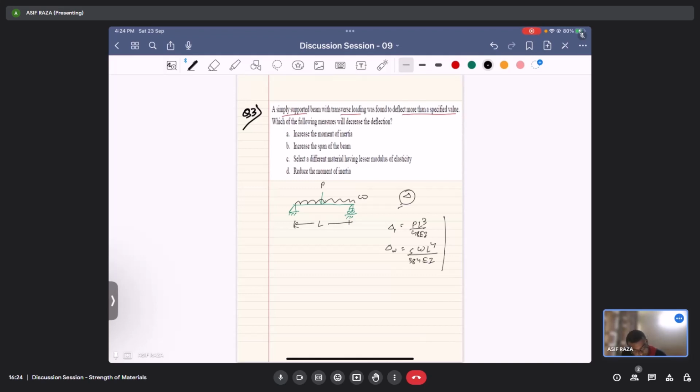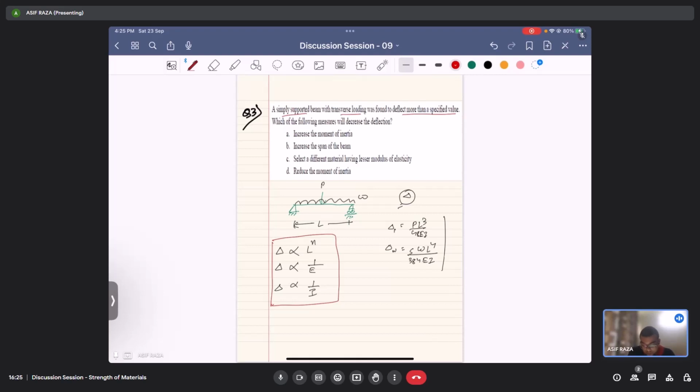So for all of these cases, deflection is directly proportional to L with some power, I would just take n, and deflection is inversely proportional to E and inversely proportional to I. Okay, so these are the conjectures we can make. Now the question asks which of the following measures will decrease the deflection.